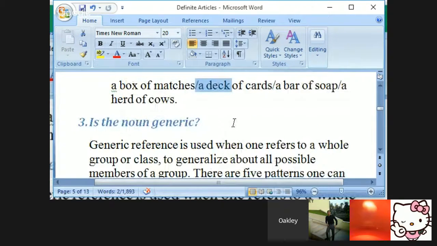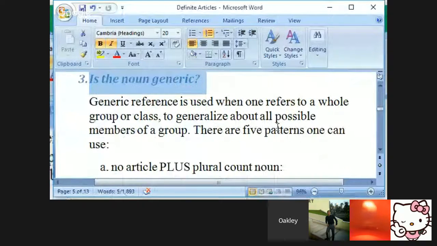Okay, the third thing to remember. All right, one, is it specific? Two, if it already has a determiner, do not use an article. Three, is the noun generic?